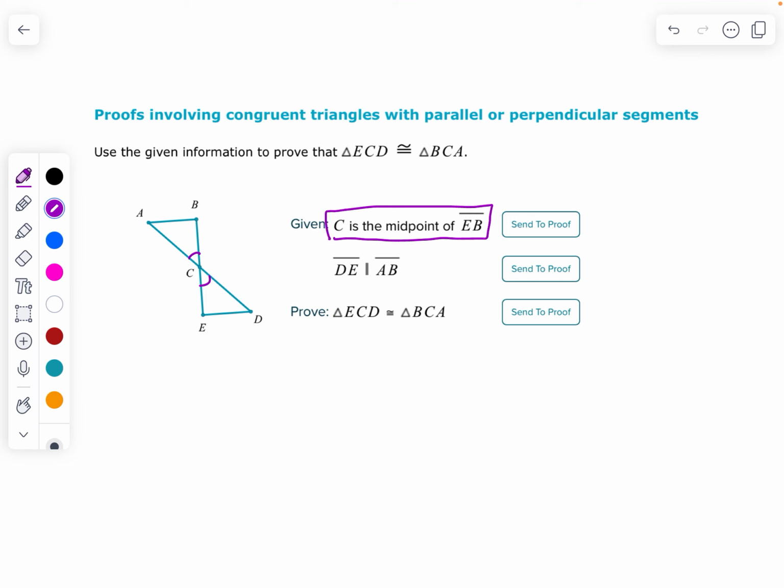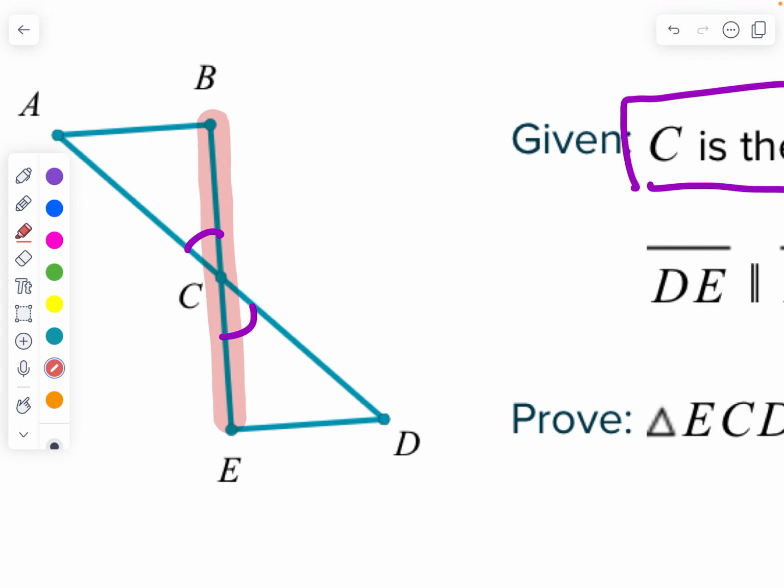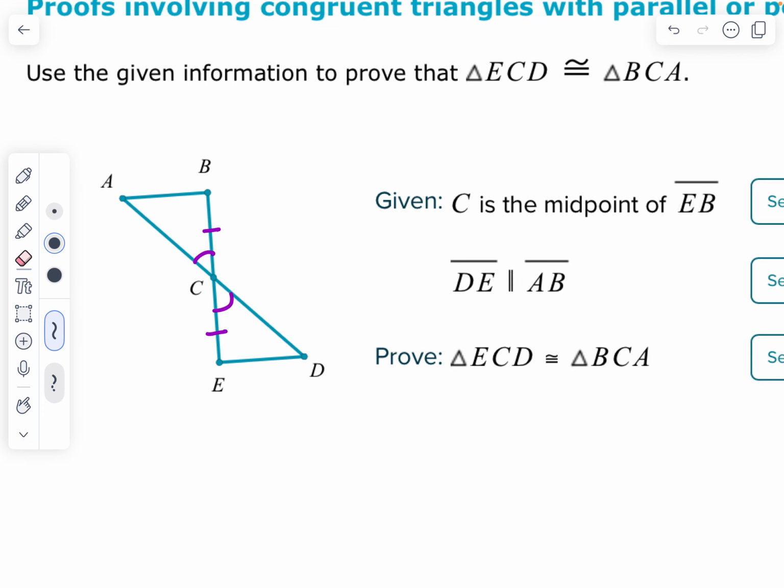So if C is the midpoint of segment EB, that means it's right in the middle. EC is going to be equal to CB because C is right in the middle. So we got some good stuff going there. That helps us a lot.